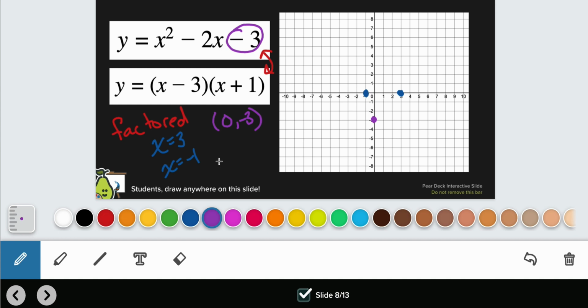Now there's something really special about parabolas. They are symmetrical, meaning they're the same on one side as the other. So the axis of symmetry will be in the middle of every 2 points. So if I know that these 2 points are 4 units away, that means the axis of symmetry is going to be in the middle of these.